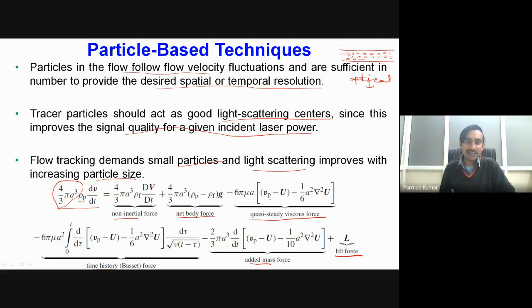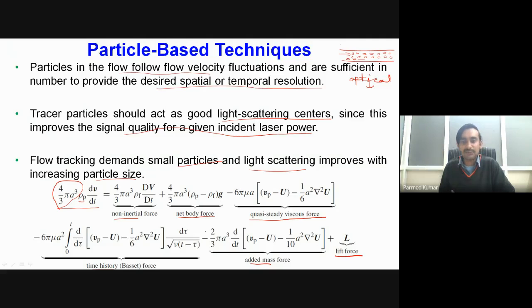So this is a detailed equation. This particular equation is known as the Basset-Boussinesq equation, which describes the behavior of a spherical solid particle under conditions of low Reynolds number inside the flow field. However, in particle based velocity measurement techniques, the size of the particle will be very small.